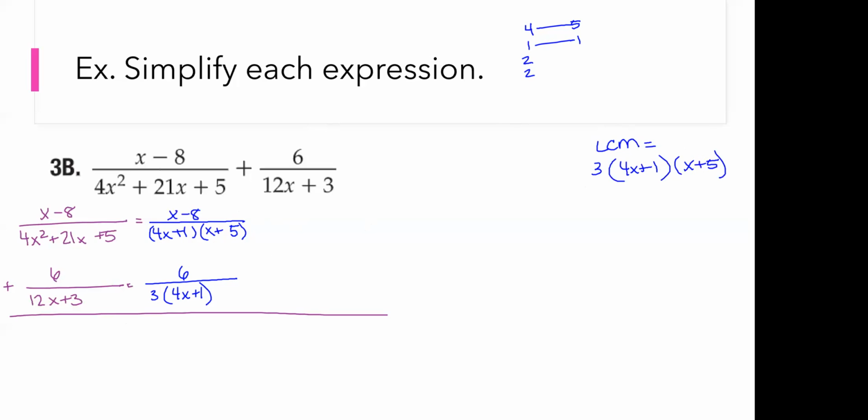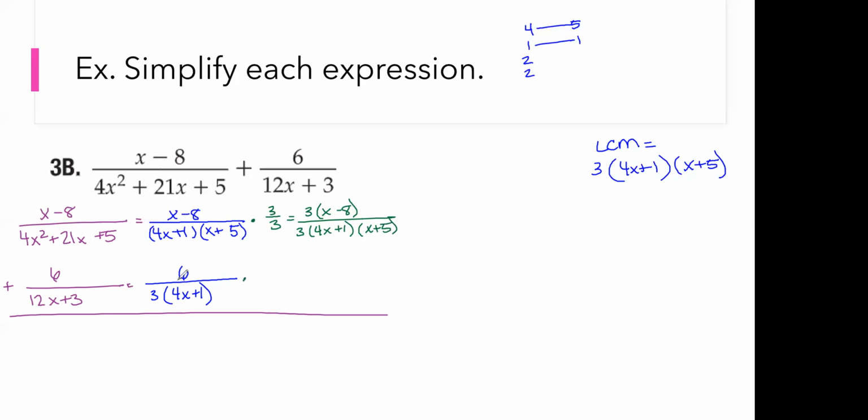So that means, what am I going to multiply this by, or what's missing from here? Well, the 3 is missing, so I'm going to multiply by 3. Okay, and then when I do that, I get 3 times (x minus 8) in my numerator, and I get 3 times (4x plus 1) times (x plus 5) in my denominator.